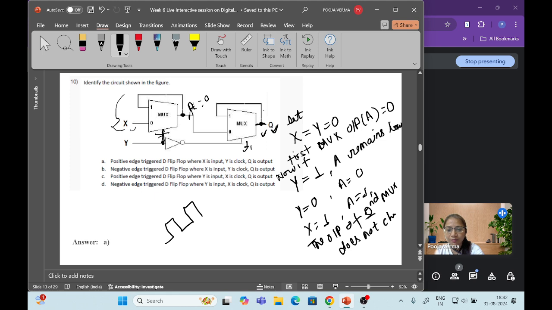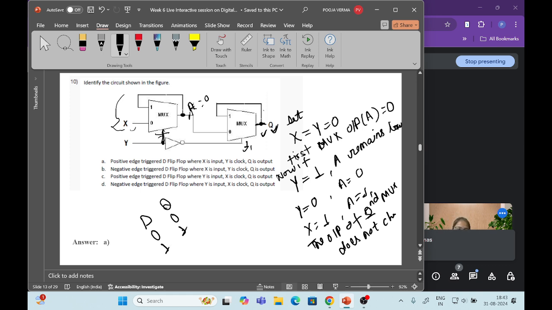So in the D flip-flop, what is the characteristic? Sorry, what is the truth table for the D flip-flop? D, Q. So it is following the input. Already you know that. If D is 0, then output is 0. If D is 1, then output will be 1, right?